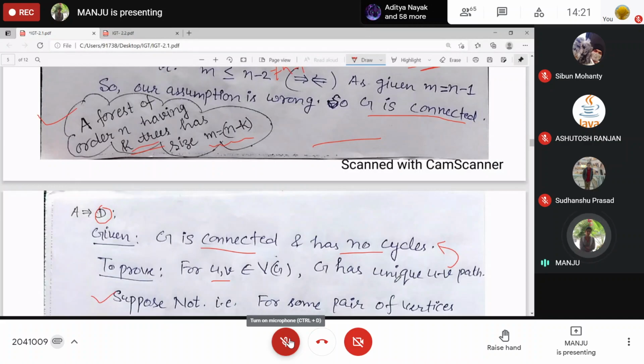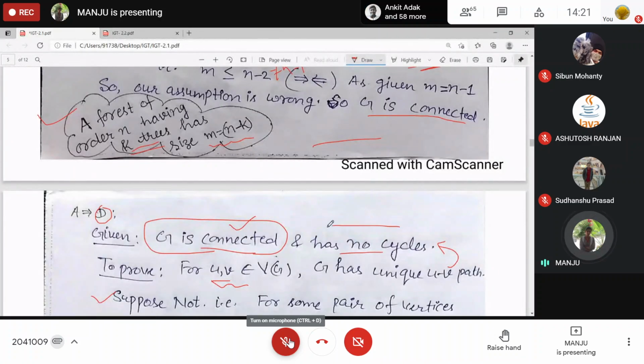See, every two vertices are connected by exactly one path. Exactly one path, two, or three, we don't care about that, right? G is connected whenever every two vertices are connected, right? Clear? Yes, ma'am. So the connected part is done because every two vertices are connected by some path.